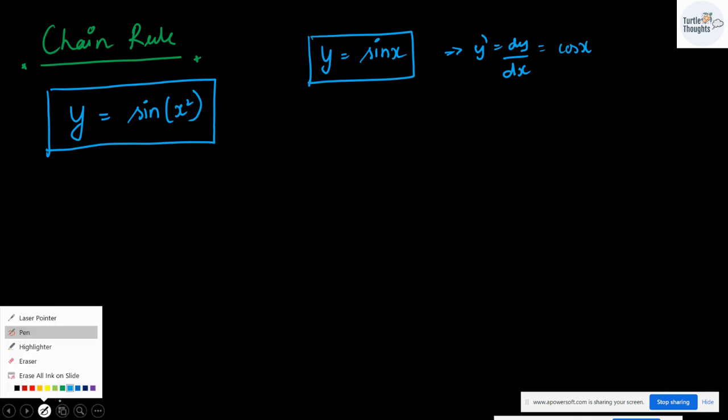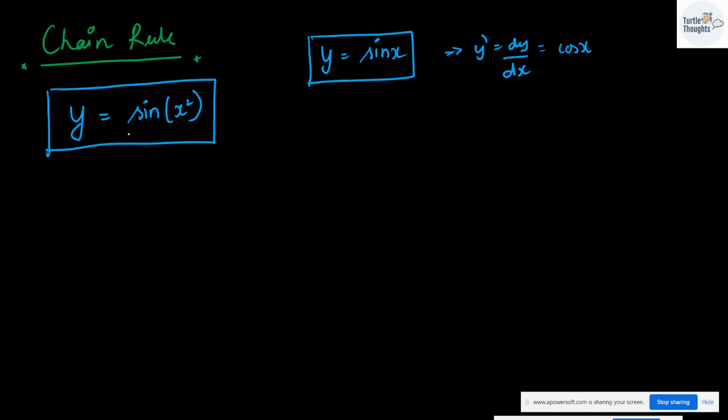Okay, we can use our chain rule. So what does our chain rule say? Basically, we have to find out dy by dx, right? So here I can write dy by dx as dy by dA multiplied by dA divided by dx.